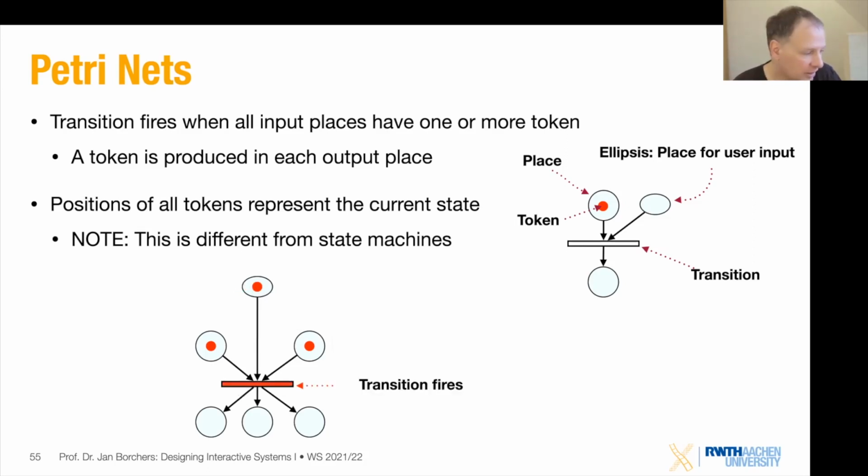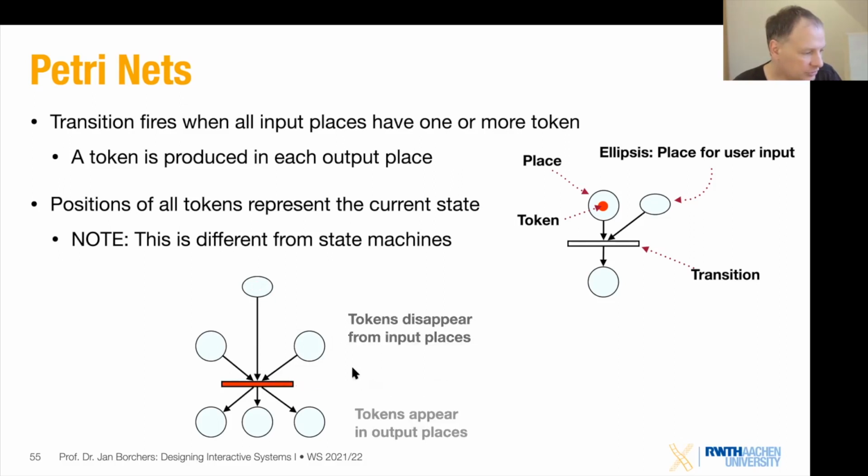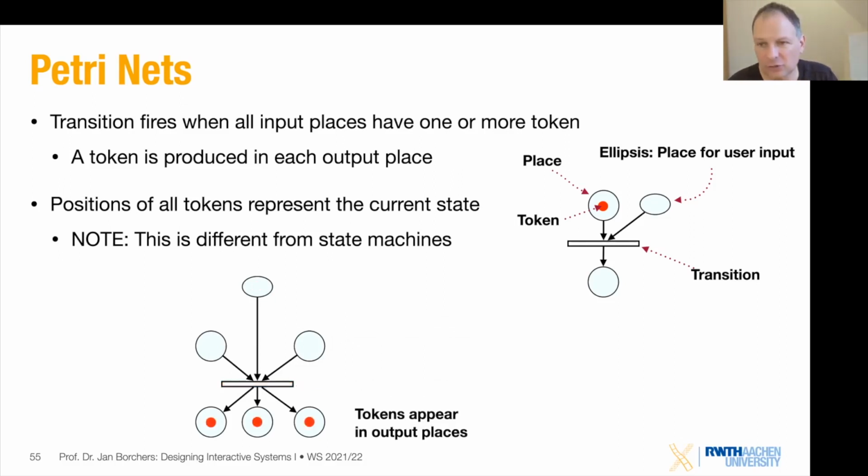I can fire now. And by doing that, it consumes all the tokens from the input places and puts new tokens into output places. And it happens to be 3 gone, 3 added, but like I said, this doesn't have to be the case. Now, and this is maybe a little trickier.